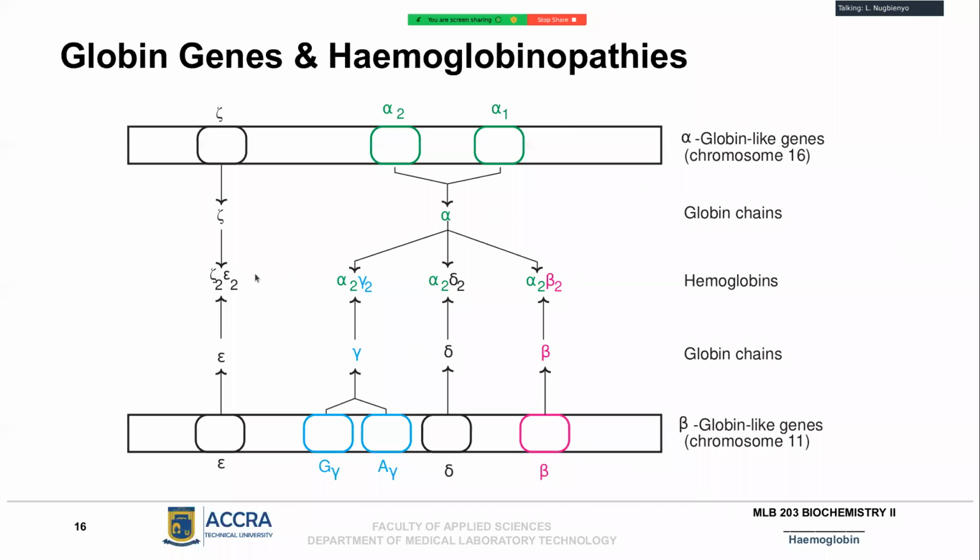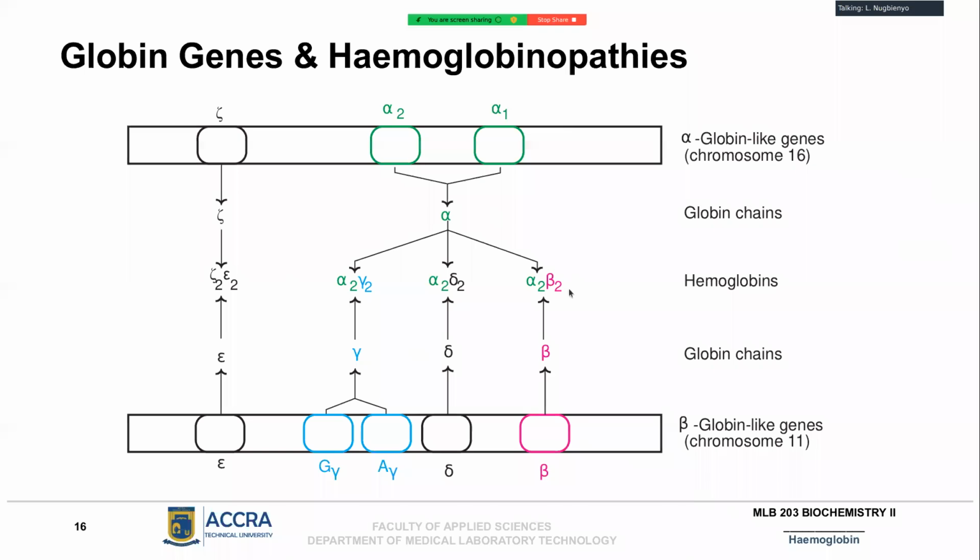Then we have the zeta 2, epsilon 2. These two you find also in the fetus, and in some rare situations you'll find these types of hemoglobin. So as we cast our mind back to that process of transcription and translation into the proteins, we connect it to the fact that these globin chains are proteins.